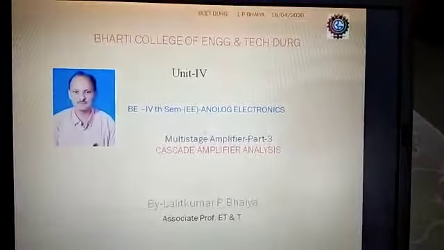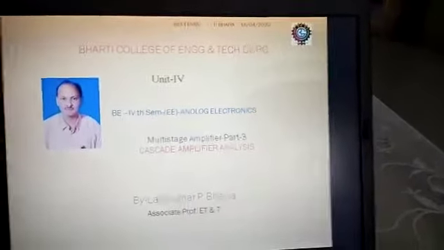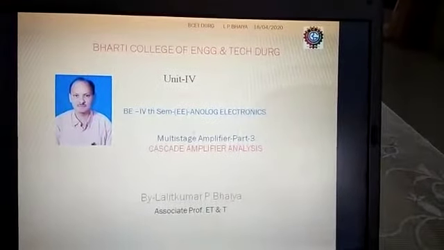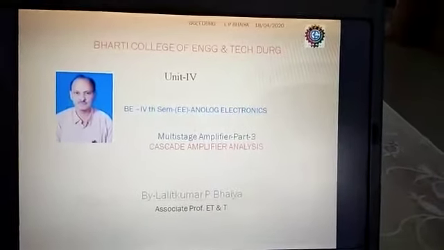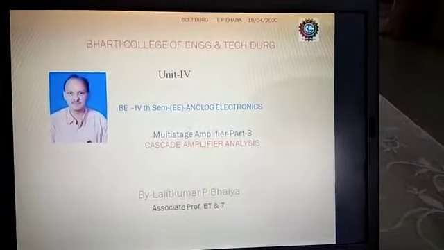Last time, in the last video, we have seen the basic concepts of the multi-stage amplifier and the coupling between the two stages of the multi-stage amplifier.